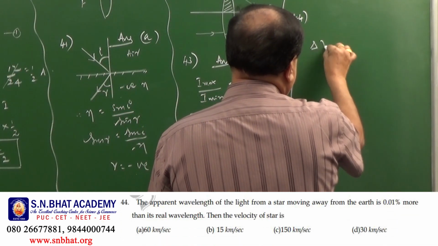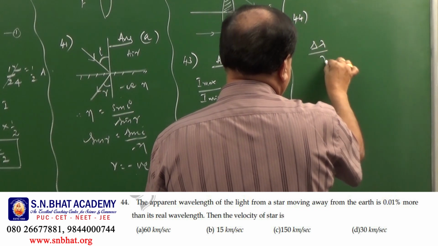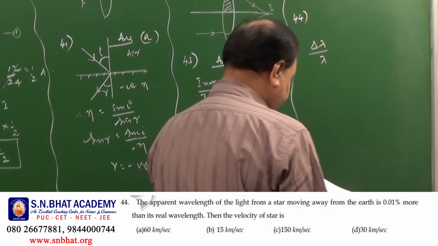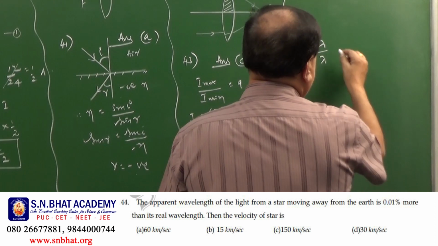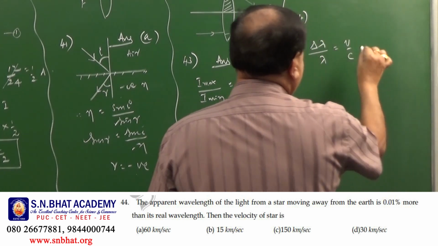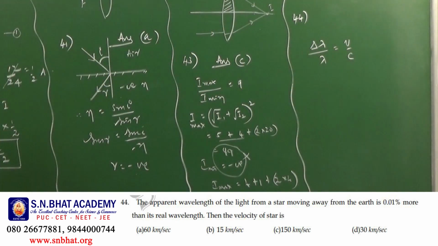When you come to the Doppler effect, this is the formula. The ratio of the change in wavelength to the original wavelength is equal to the velocity divided by the speed of light, the velocity of the source and the speed of light.